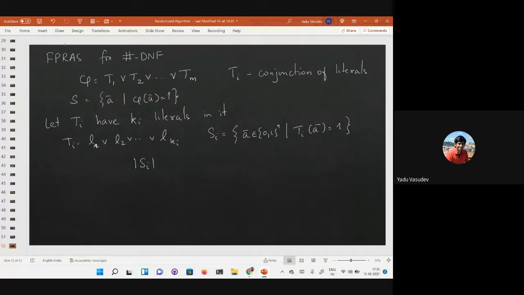Oh, sorry. Let me just rewrite this. It's not disjunction, these are conjunctions. What is the cardinality of Si?